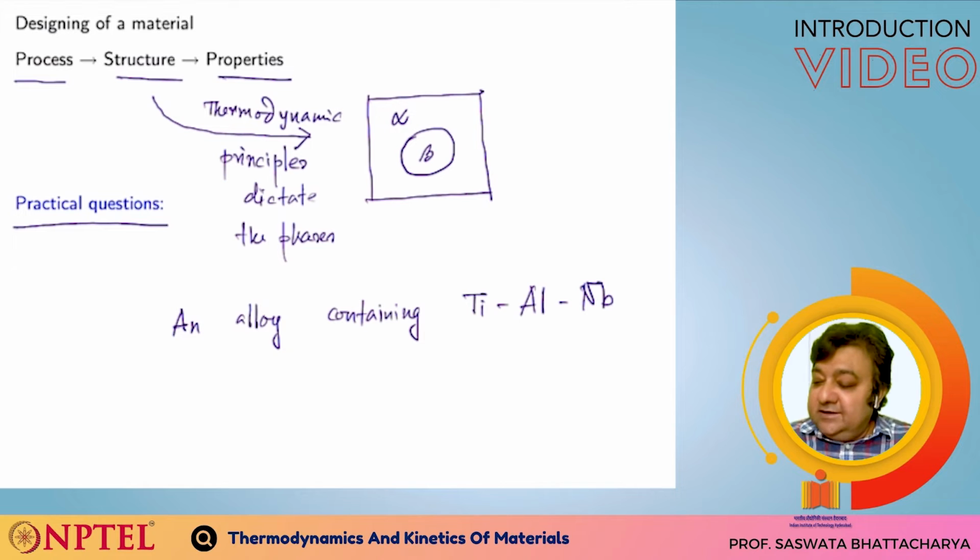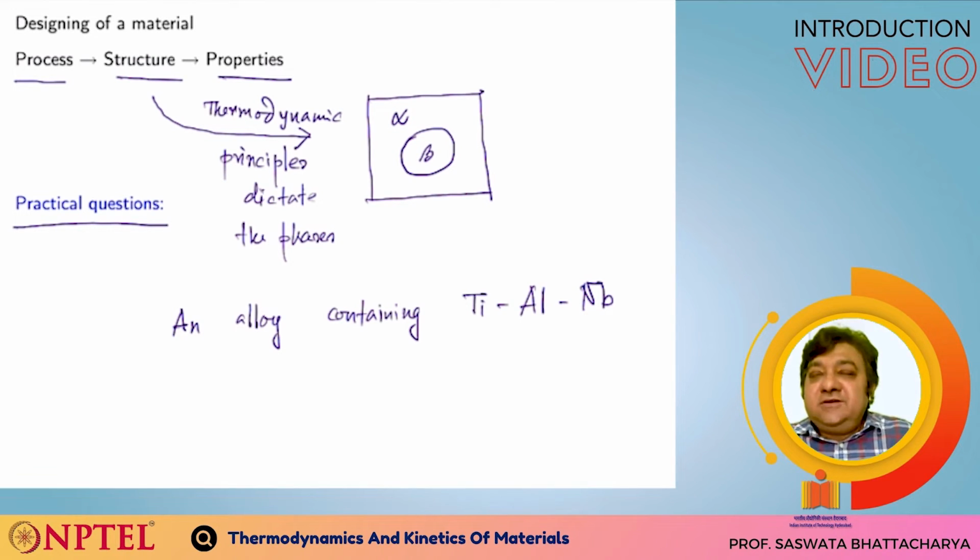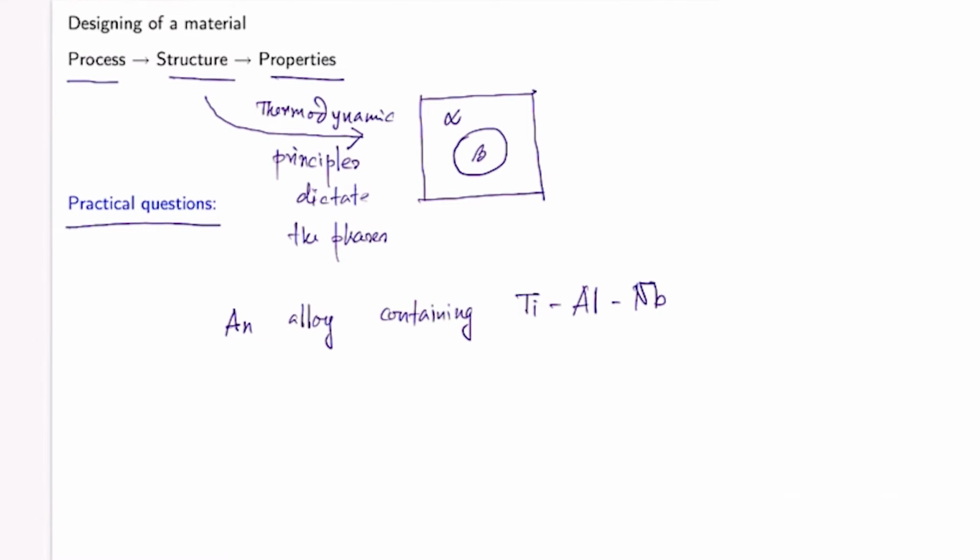This is a practical question. Titanium or aluminium or niobium can react with oxygen, or all of them can react with oxygen, forming titania, alumina or niobium oxide. So for an alloy of titanium, aluminium and niobium, will it oxidize at a certain temperature, say 1100 degrees Celsius, at 1 atmosphere pressure?